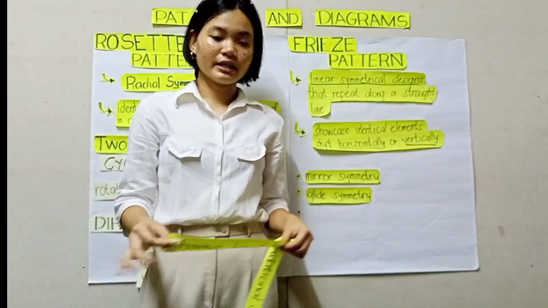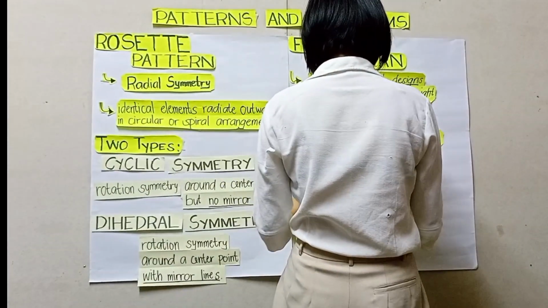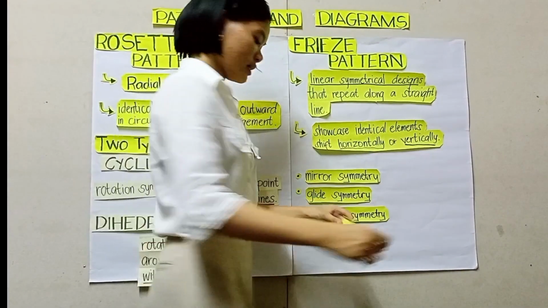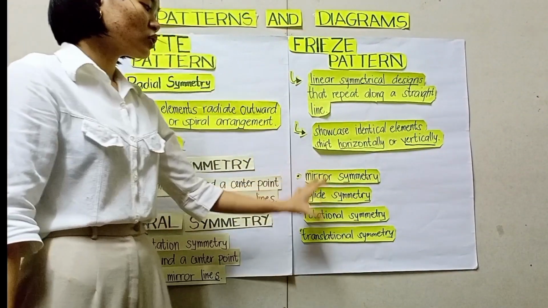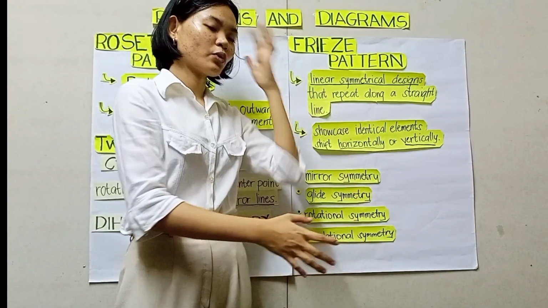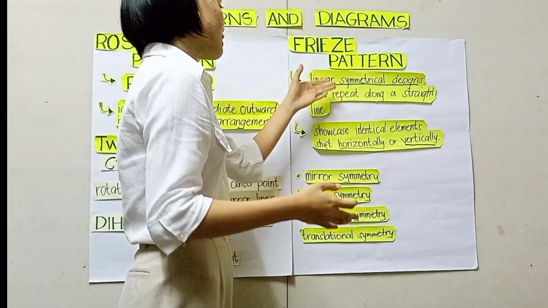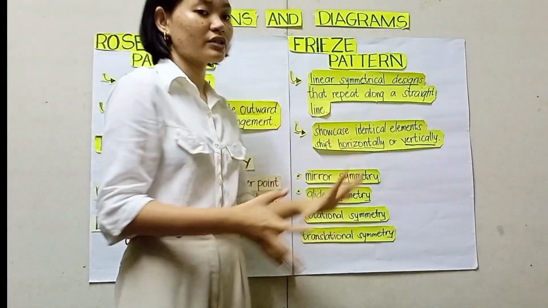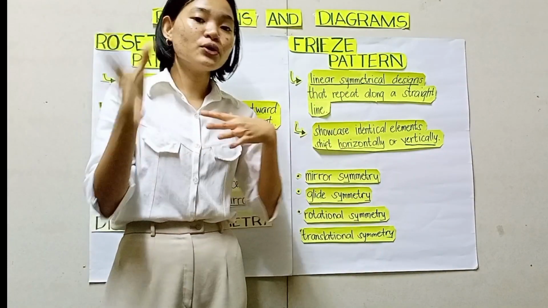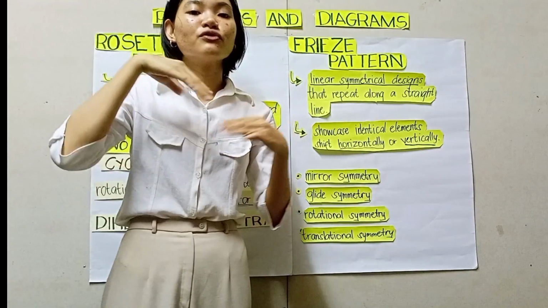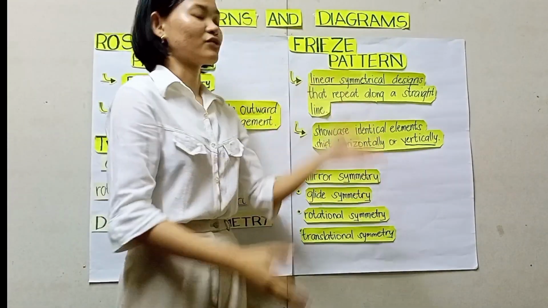The third one is rotational symmetry and translational symmetry. I am not going to discuss it further because we are focused on the introduction to Frieze pattern and Rosette pattern. So these four are a few examples of the combinations that exist in Frieze pattern.